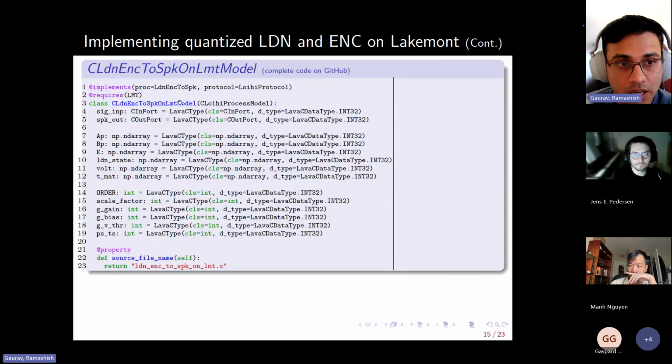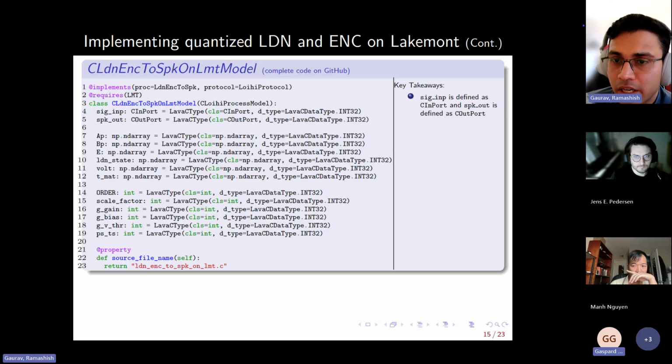As you can see, it implements the process LDN encoding to spike using the Loihi protocol and requires LMT. The previous process, input signal to LDN, required CPU because it was implemented on CPU. This requires Lakemont cores, and hence I've mentioned a macro here, LMT, which is a Lava-defined macro that signifies that this has to be implemented on the Lakemont cores.